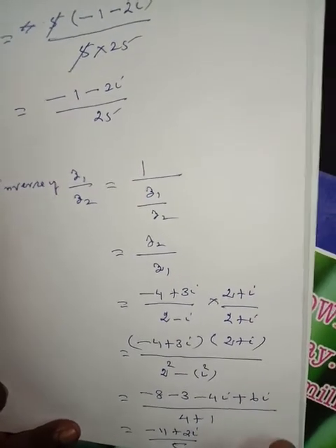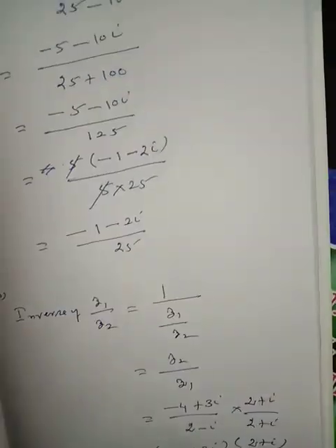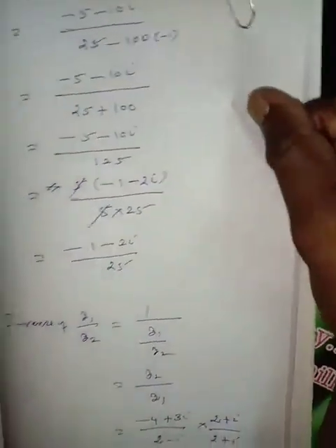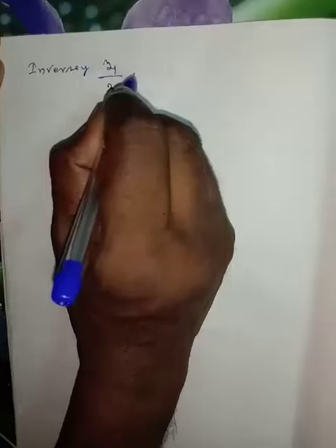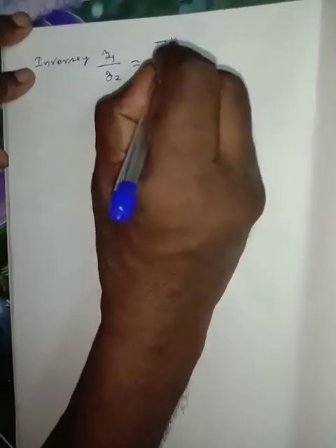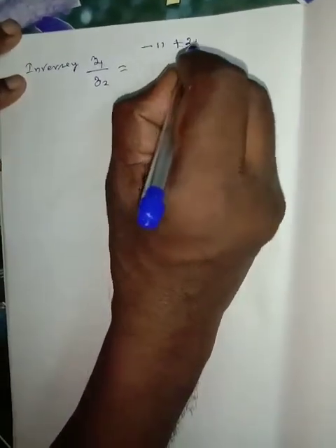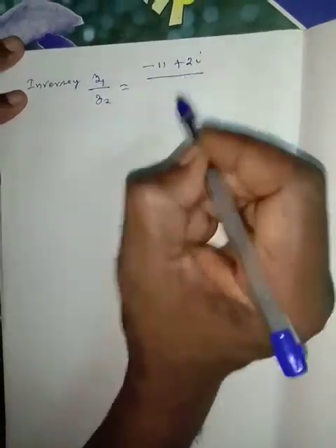The inverse of z1 divided by z2 is minus 5 plus 2i divided by denominator 5.